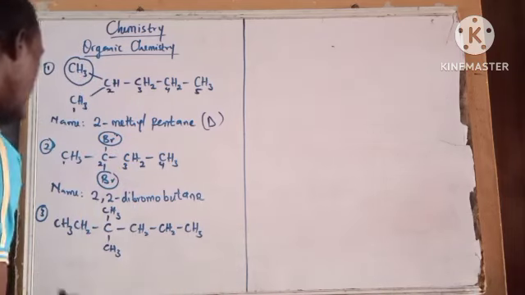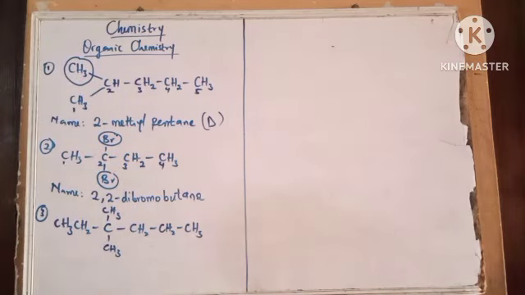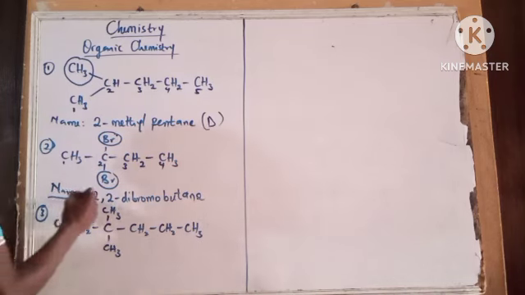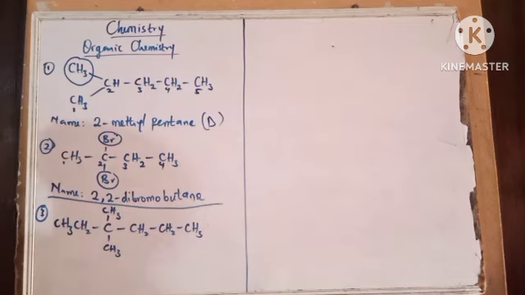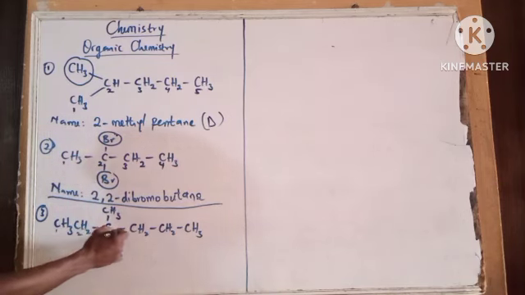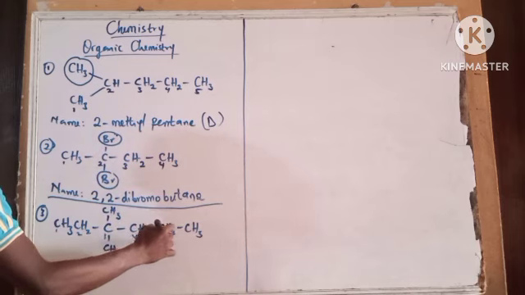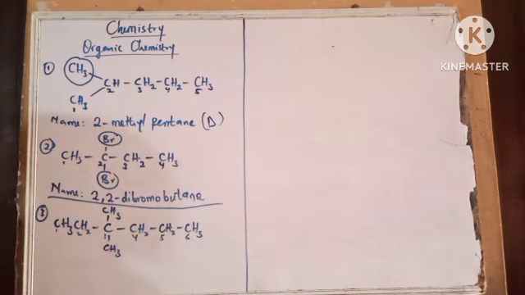Again, pick your longest continuous carbon chain. What's our longest continuous carbon chain? We have 1, 2, 3, 4, 5, and 6. So our longest continuous carbon chain here is 6. That is the longest continuous carbon chain.